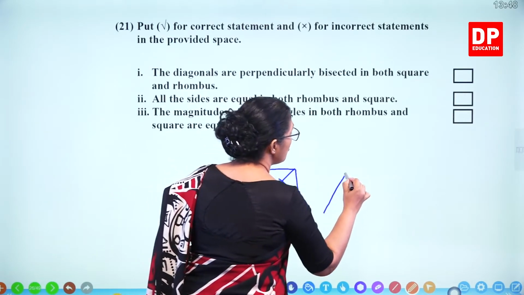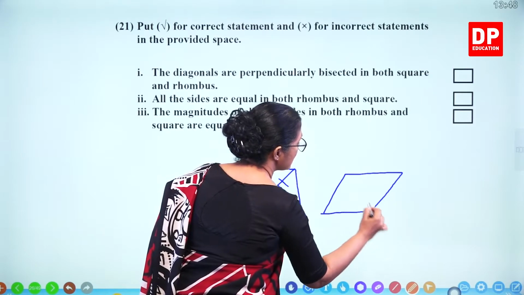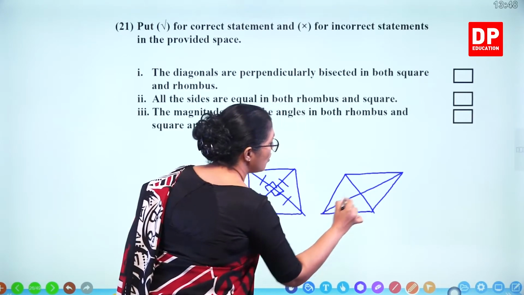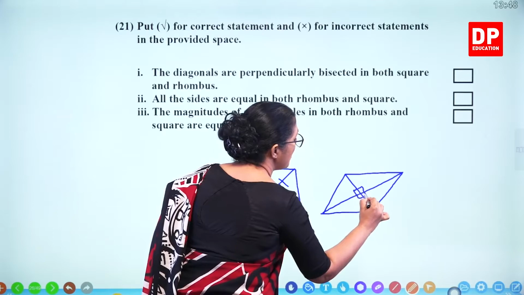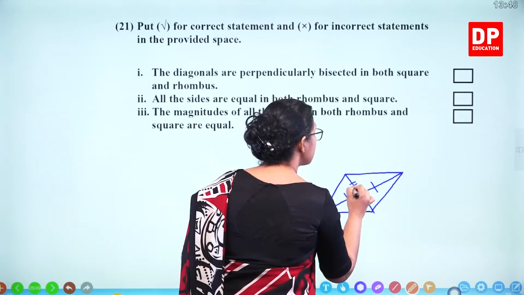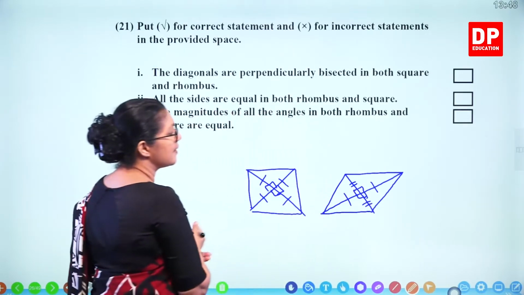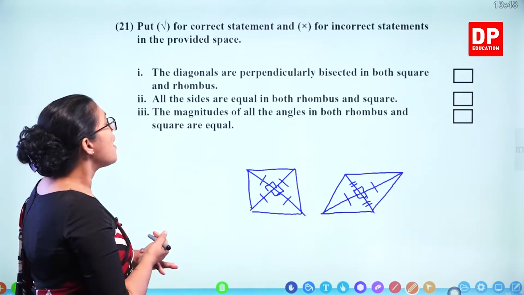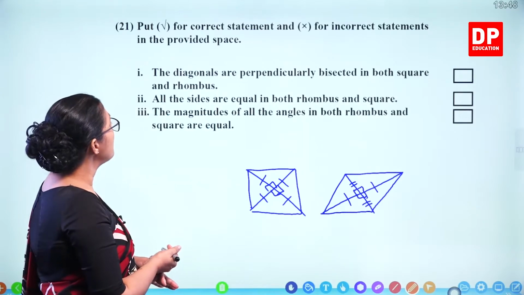This is also for the rhombus. Rhombus also perpendicularly bisecting. So all sides are equal. These lengths are different but bisecting for the rhombus. So it says bisecting in both square and rhombus. That's correct.